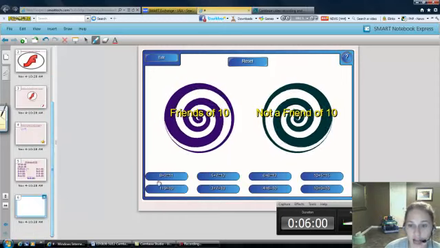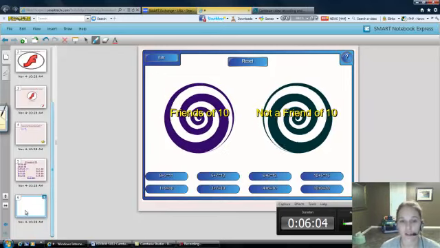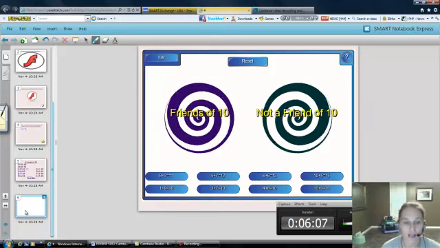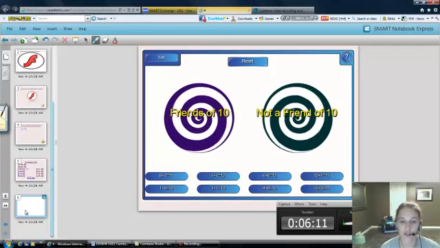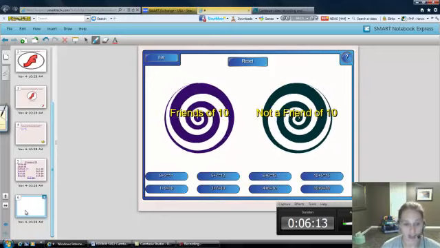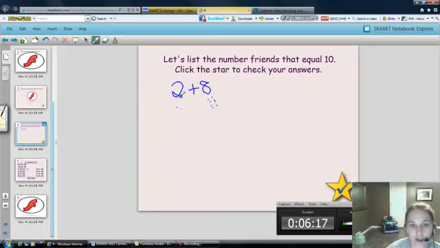After this is over, the next page is actually blank, but what I would do when this activity was over is I would have kids go back to their seats, and in their notebooks they would be able to choose and write different facts all the way to 10. For example, in their notebook they can write 2 plus 8 equals 10. Then they can write it in a fact family. 2 and 8 go together to make 10.